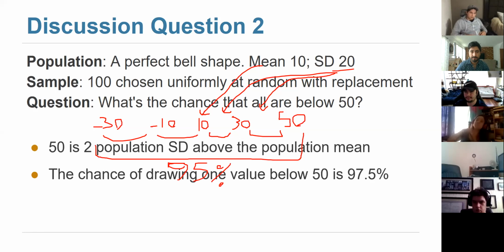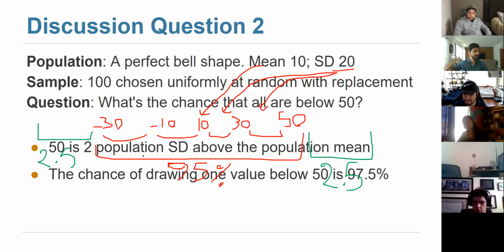Can I change the color here? Basically, the rest of the 5% are here. Here there are 2.5%, right? And another 2.5% is here, right? Because it's a perfect bell shape, right?